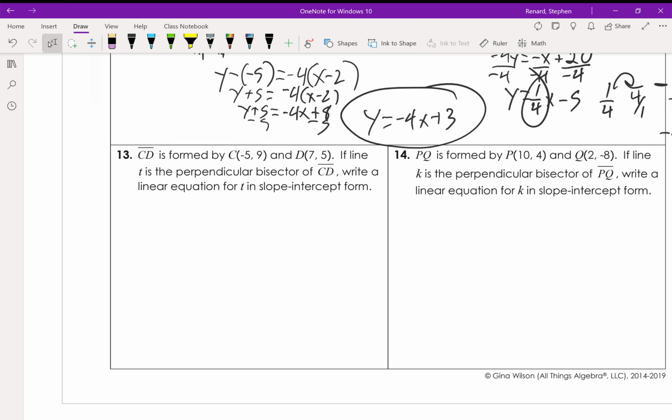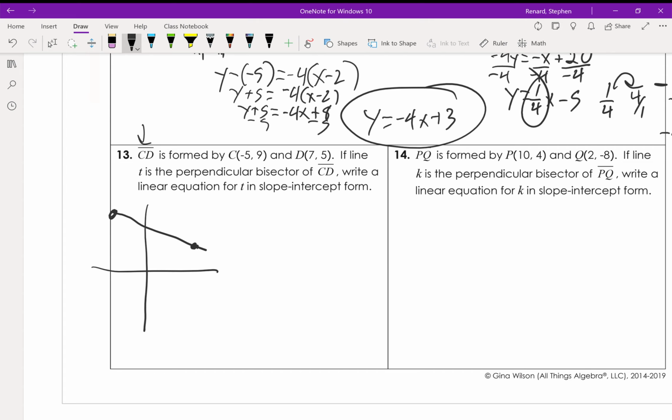Okay, so 13 and 14 are hard, but I want to see what you can do with them. I will give you this. Here we have negative 5, 9 right here, over 7, up 5. Let's call it here. So this right here is my line segment CD.